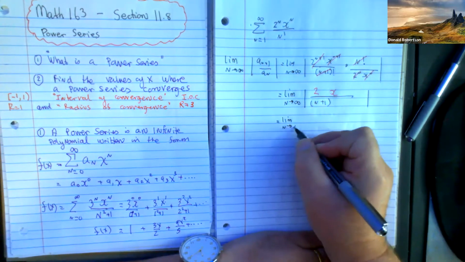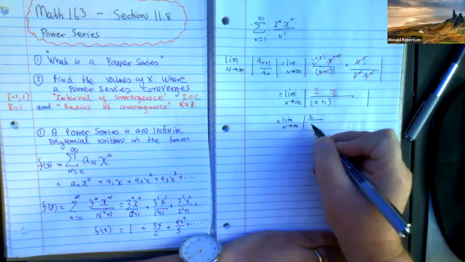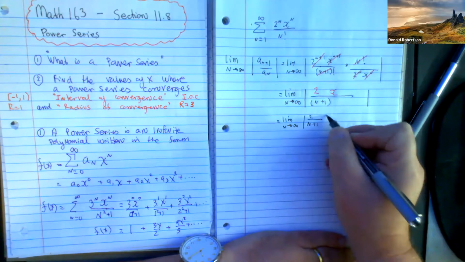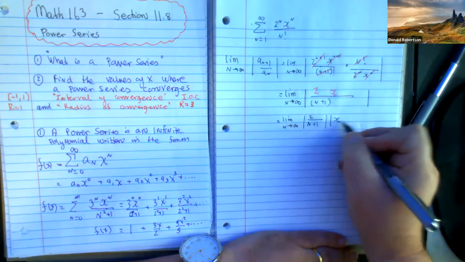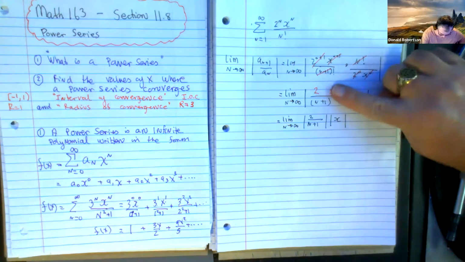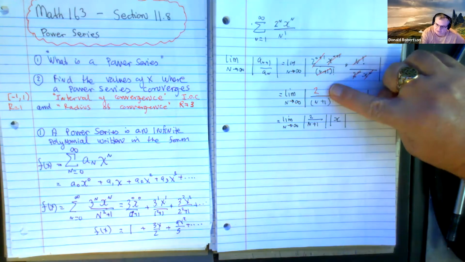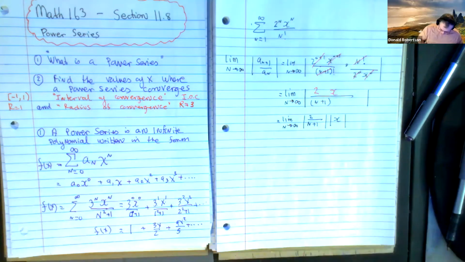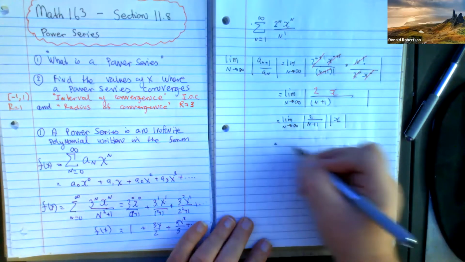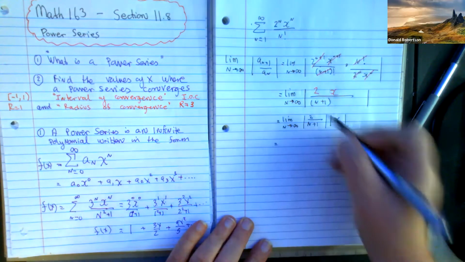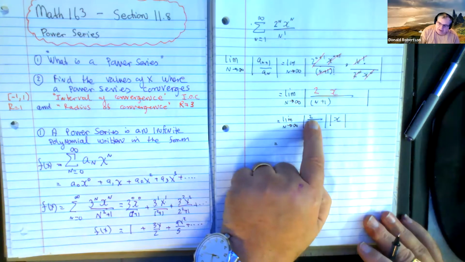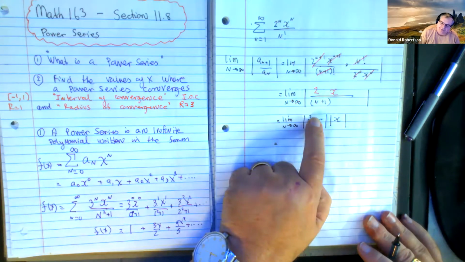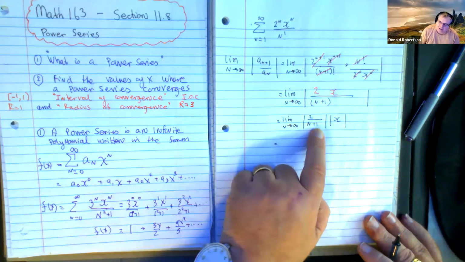And now we move into essentially all the bits that don't have x, right? You kind of split them. Now, in this question, we're trying to find the limit as n tends to infinity of the fraction 2 over n plus 1.